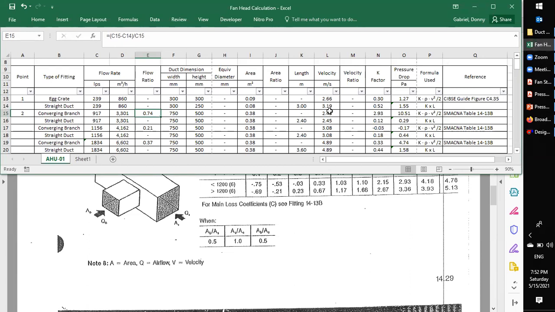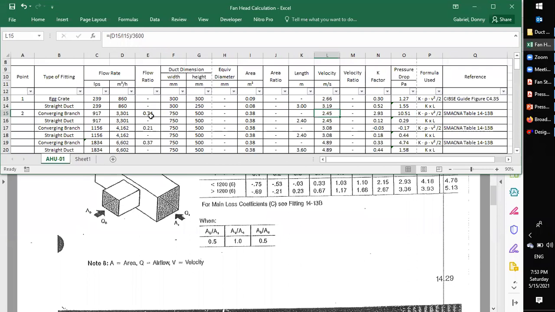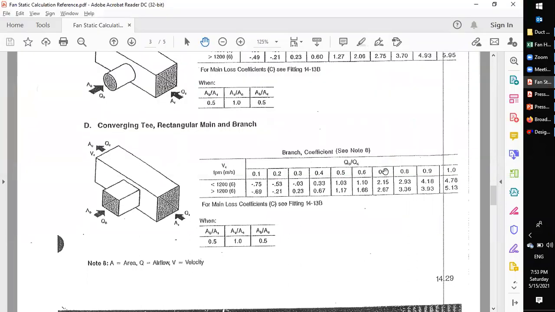It's lower than 6 meters per second. It's actually just 2.45. So which means we're going to take the top value. Our flow ratio is 0.74, so in between here, we will use either 2.15 or 2.93.